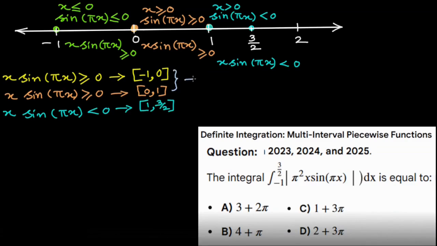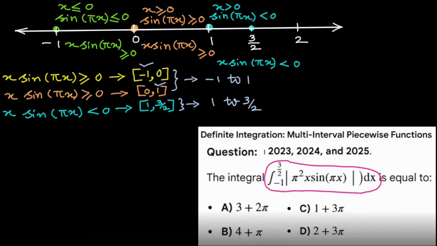We will split the integral from -1 to 1, and from 1 to 3/2. So we will split this given interval I into two intervals as follows.